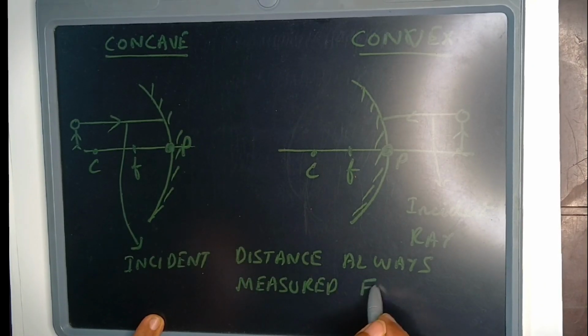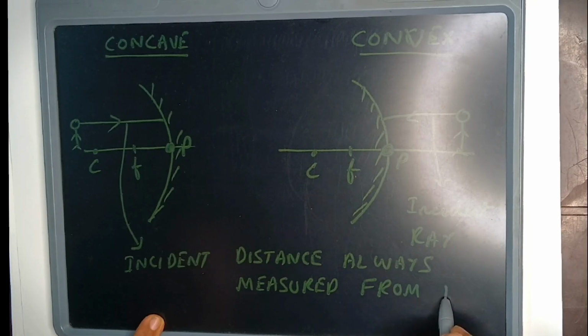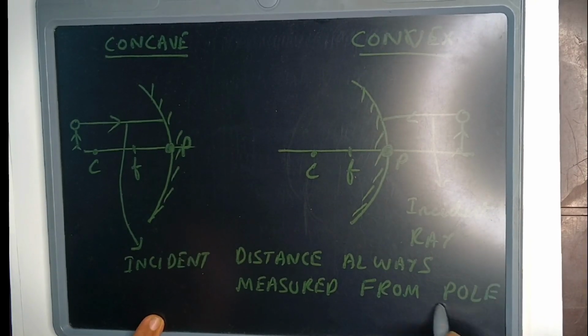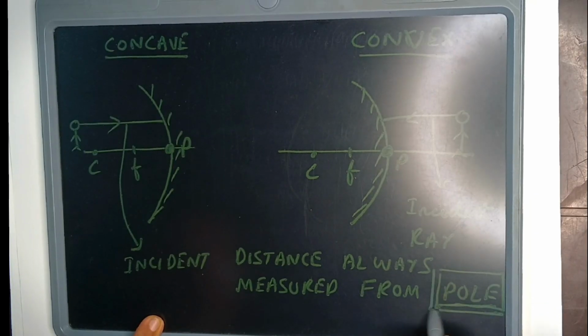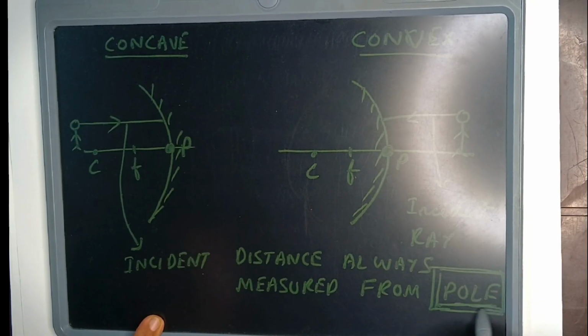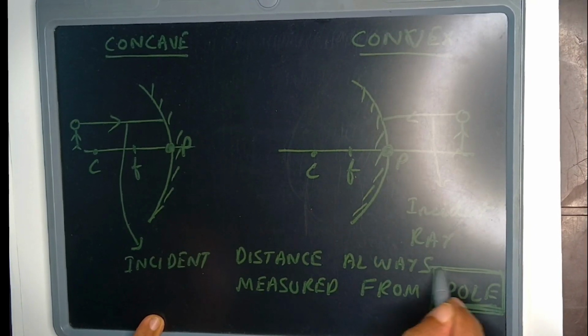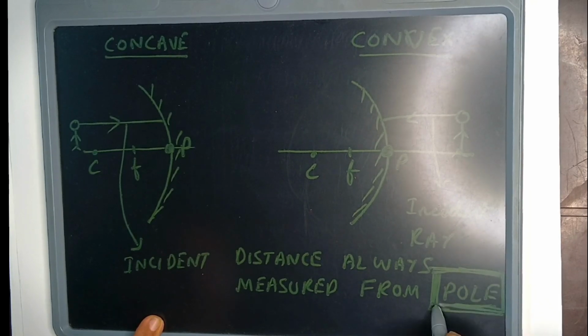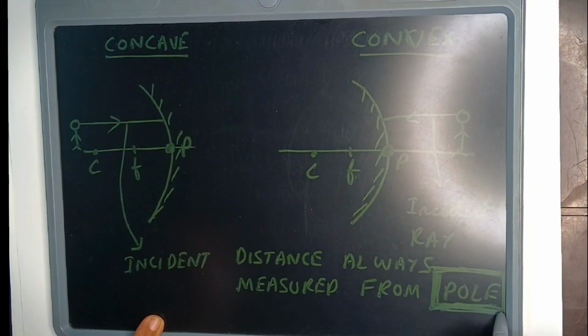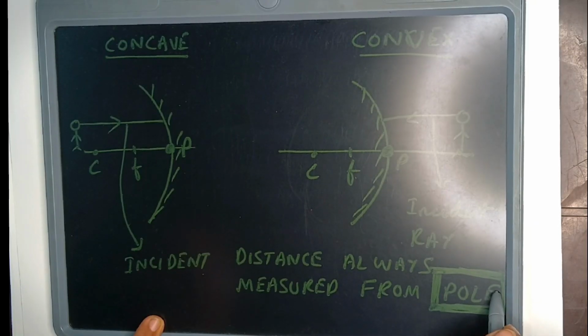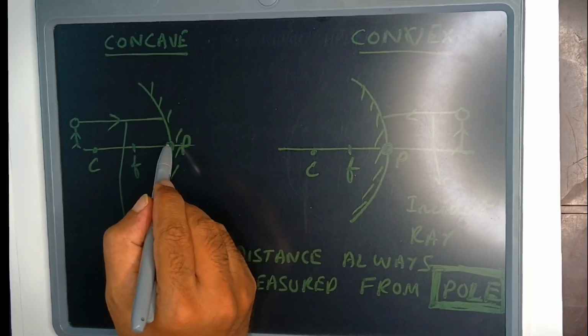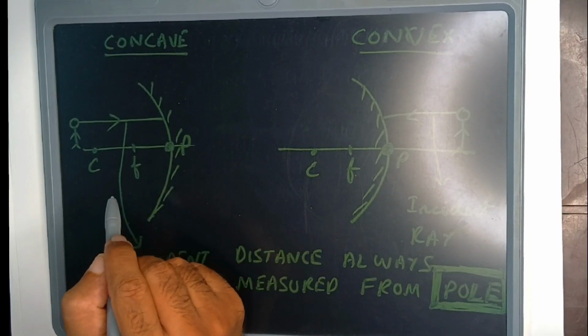This is a common mistake which most of the students make. While representing the sign of any distance, you have to remember that it is always taken from the pole. That means from the pole, you need to see in which direction you are moving.